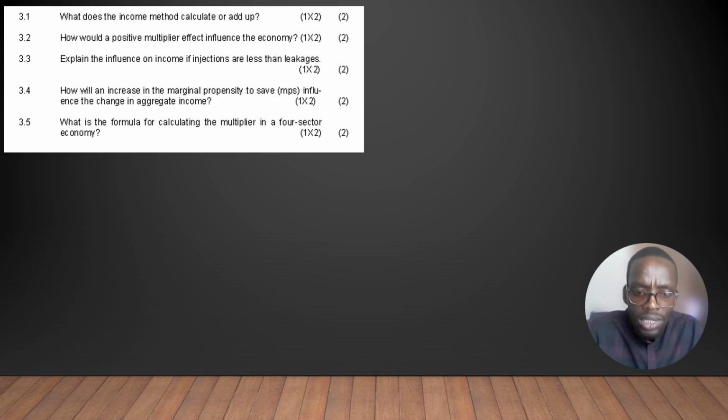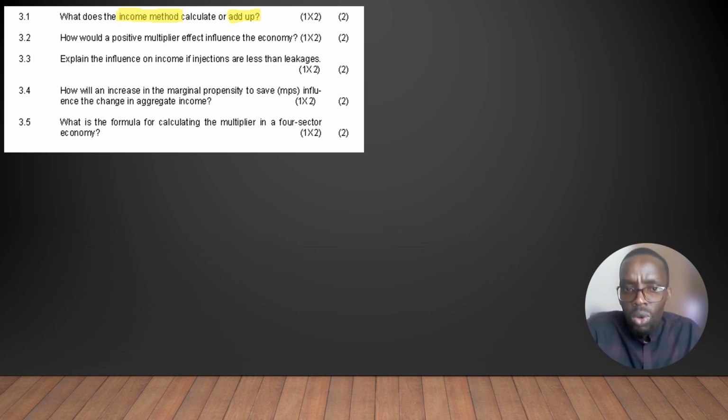Like I said in the previous videos, when you are in the exam, you are supposed to bring your highlighter, and now we are looking at the income method, and they ask what does it calculate, or what does it add up. In other words, you are just going to be listing those things that are added up when we are using our income method.